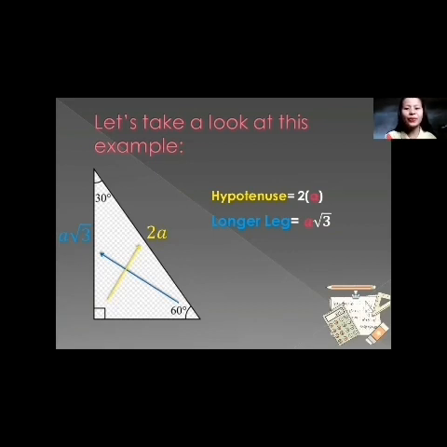Yes. So the shorter leg stands opposite to the 30 degrees angle of the triangle, which we have labeled A. Do you get it, class?